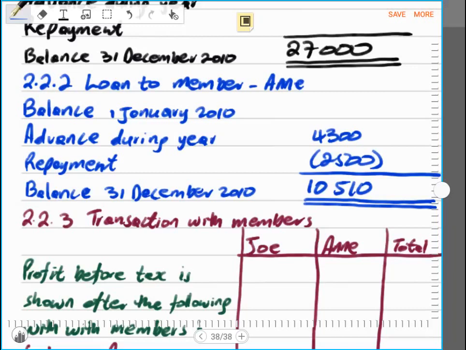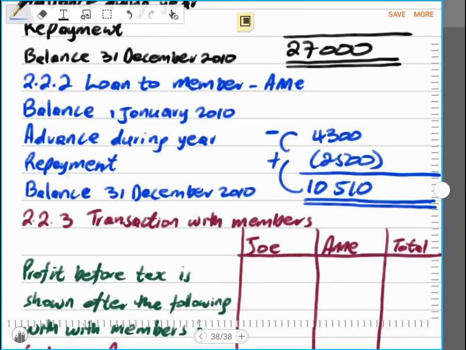Therefore, now from there we can calculate the opening balance that we don't know. So now we have to say 10,000 plus 2,500 minus 4,300. Remember, when we work backwards, we have to change the signs. So now, although 2.5 is negative, we have to say plus.